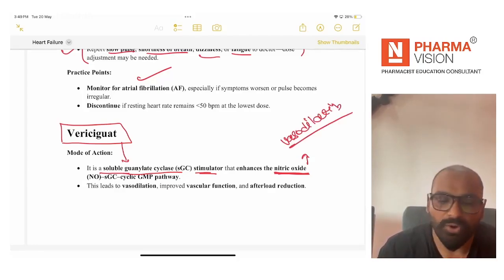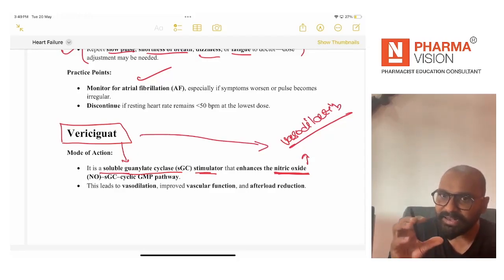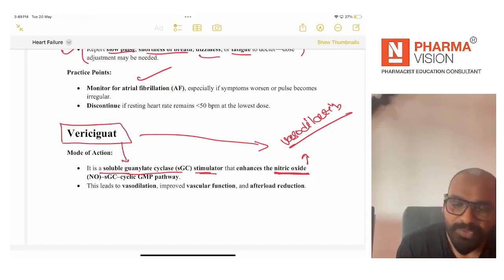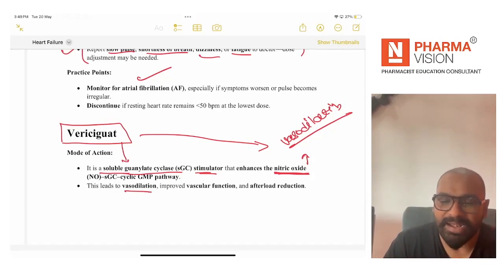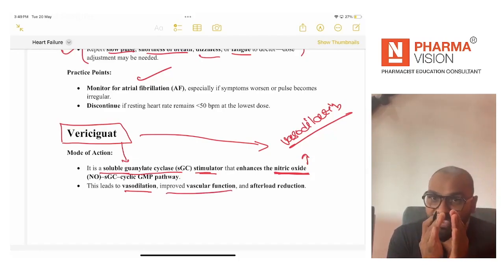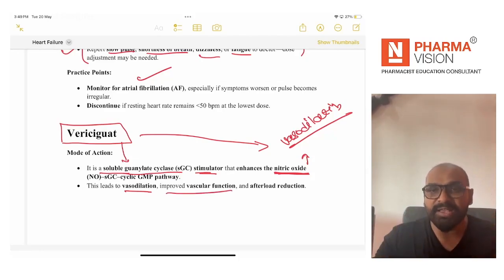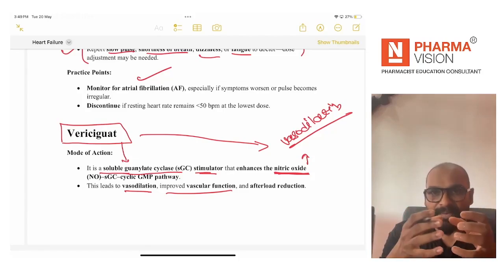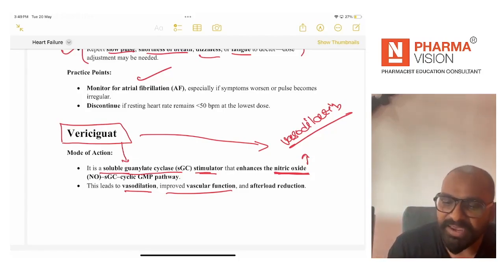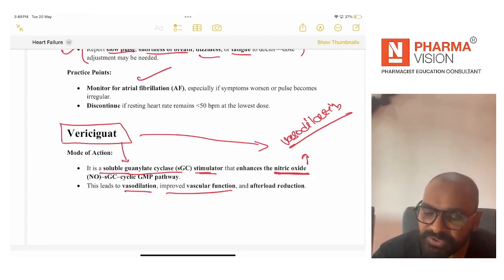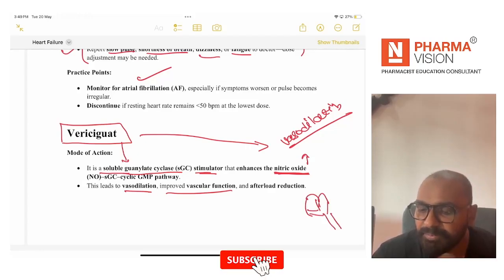So vericiguat is an indirectly vasodilatory medication. Now it becomes very easy. This is vasodilation, so it improves vascular function. Yesterday we discussed the concept that the heart is connected with the blood vessels.